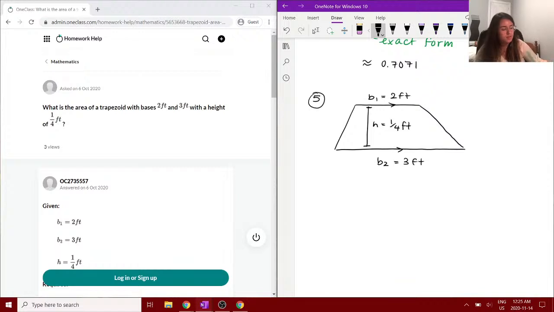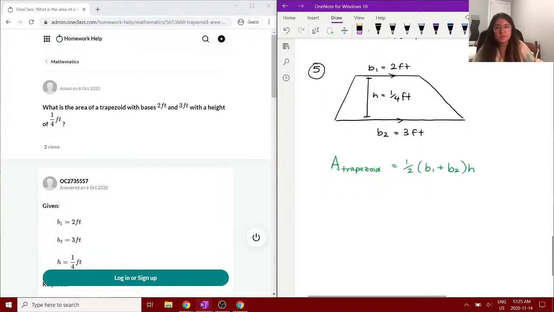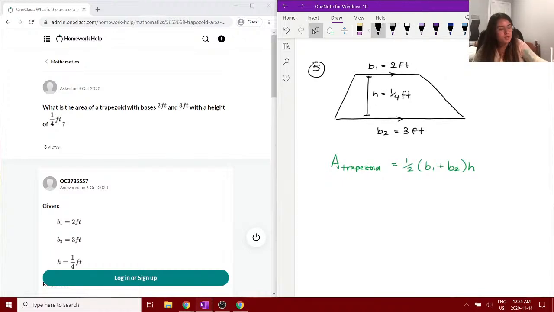Alright, so we have an equation for the area of a trapezoid, and that is equal to 1/2 times the first base plus the second base times h. Okay? So all we have to do here is plug in the numbers that we're given.